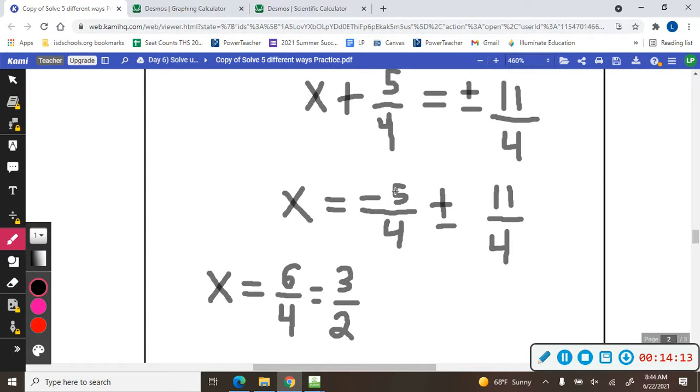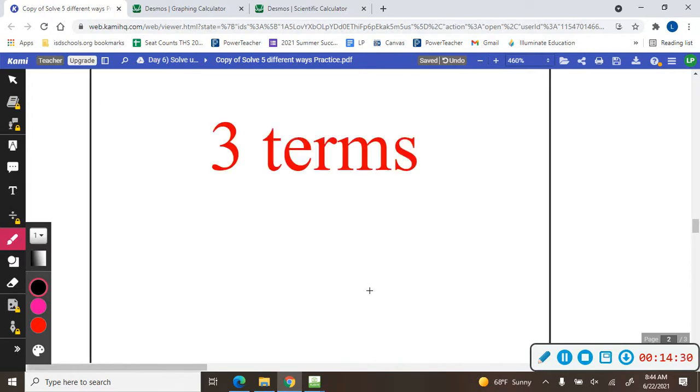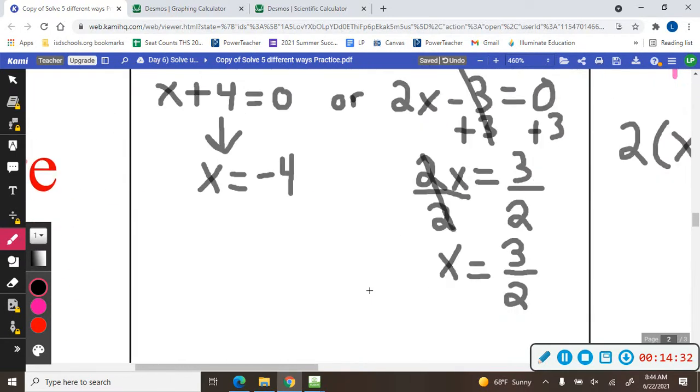And then we'll subtract: negative 5 minus 11 is negative 16. Negative 16 divided by 4 is negative 4. So we got the same two solutions as before, negative 4 and 3/2, just like we did there.